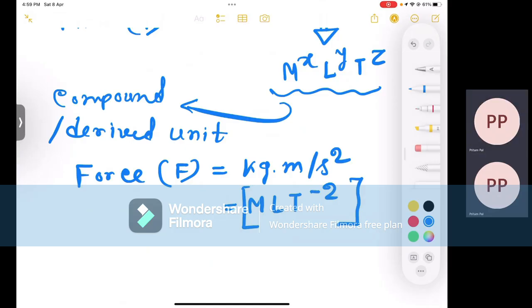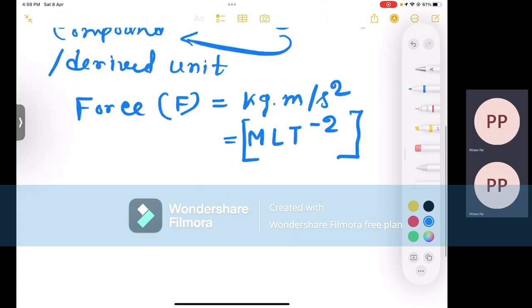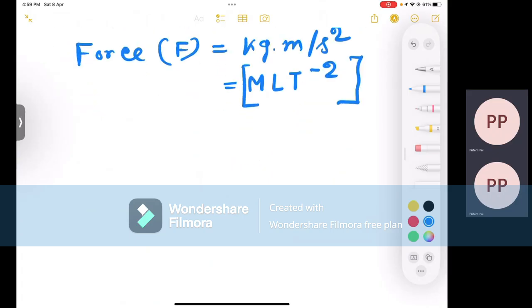Other than mass, length, and time, we have some other physical quantities that cannot be composed of mass, length, and time. So there are four other units that we also have. Those are also called the base units.